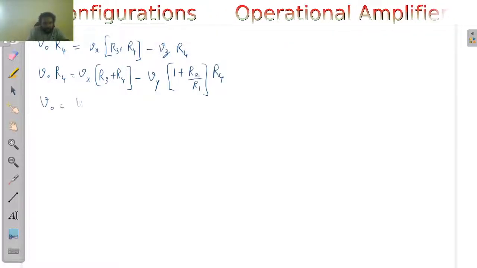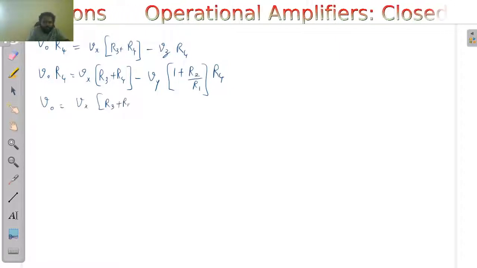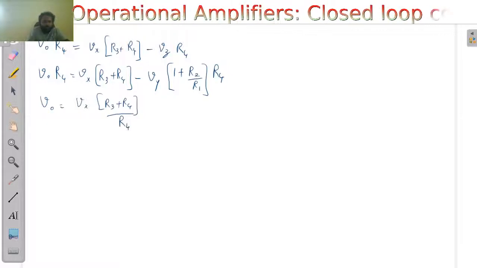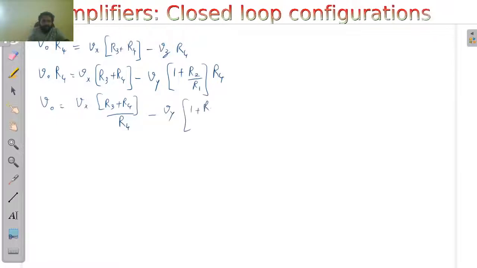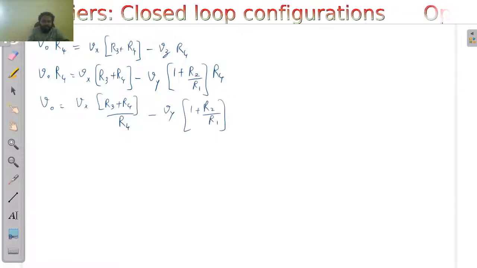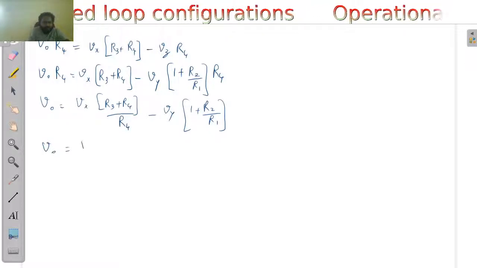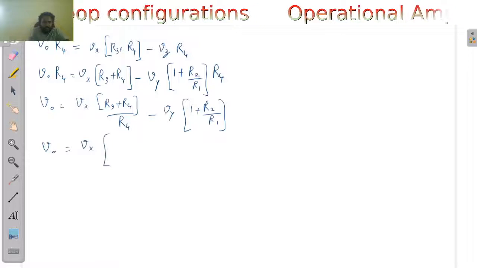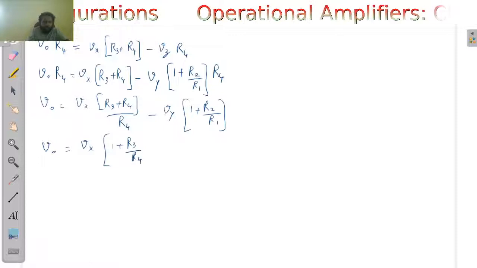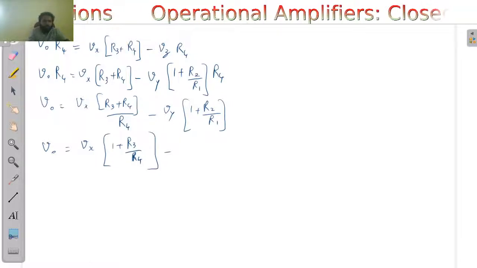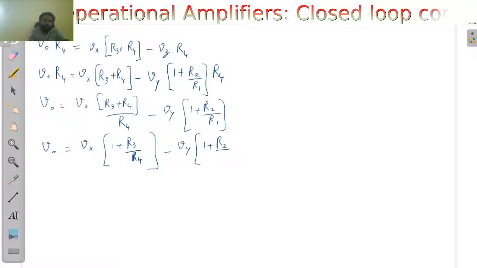Vo is equal to Vx times R3 plus R4 over R4 minus Vy times 1 plus R2 by R1. Essentially it can be written as Vo equals Vx times 1 plus R3 by R4 minus Vy times 1 plus R2 by R1.